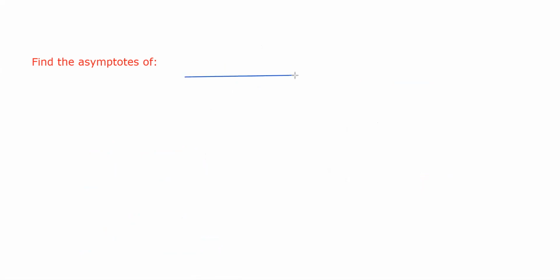How about we do seven x squared plus 7 over x squared plus 6. Let's find any asymptotes that this one has.